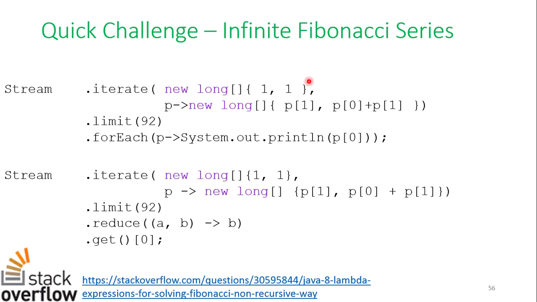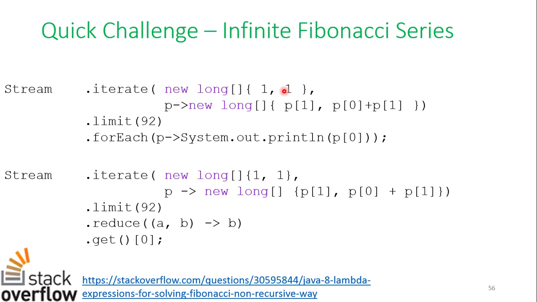And then, as we apply our unary operator lambda to generate the next element, we take the current element p, which is an array of 2 elements. We save the second element of that array as being the first element of a new array we create on the fly, and the second element is going to be the sum of the first and second elements of that previous array p, p0 plus p1.